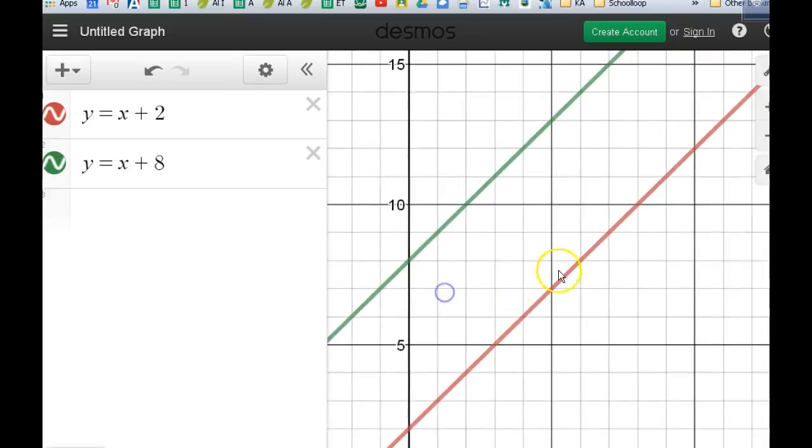If I make them both the same slope, will these ever cross each other? Nope. So can there be a solution? No. So this is, we have parallel lines. That'll give you no solution, because the answer is where they overlap, and if they don't overlap, you can't have an answer. So that's how you get the no solution.